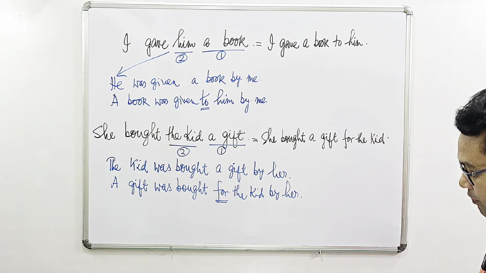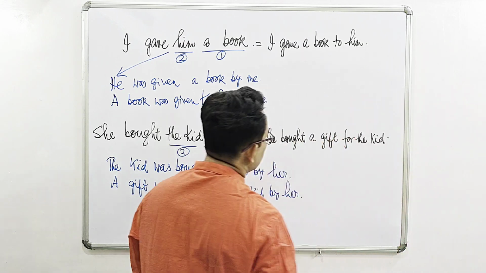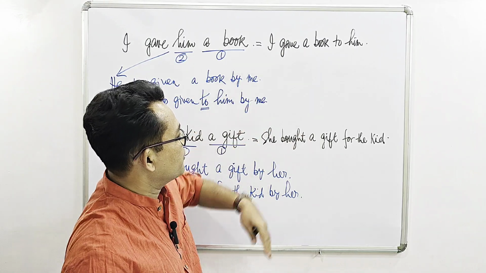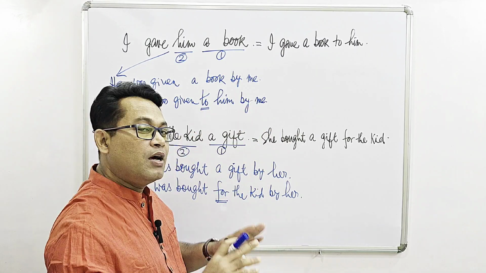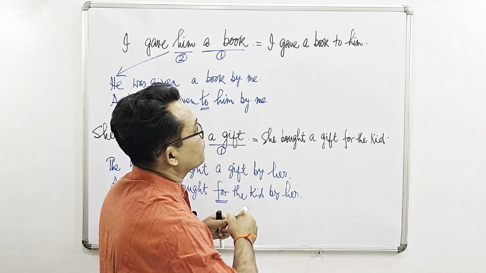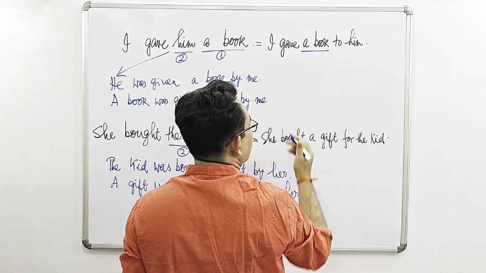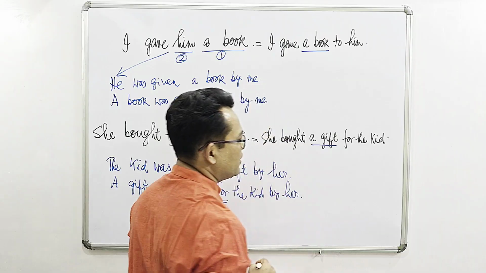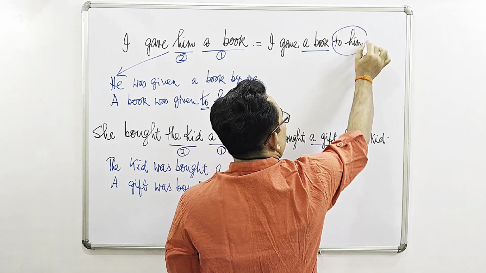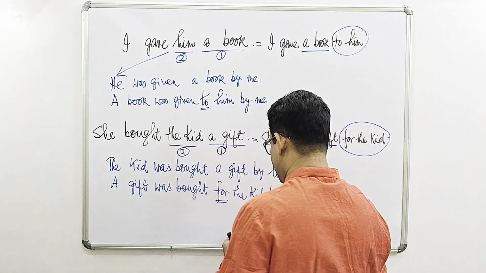Now this time we have to be very careful because these two alternative versions, they don't have 2 objects now. The only object here in the first one is a book, this noun phrase, and here a gift. Then what about to him and for the kid?